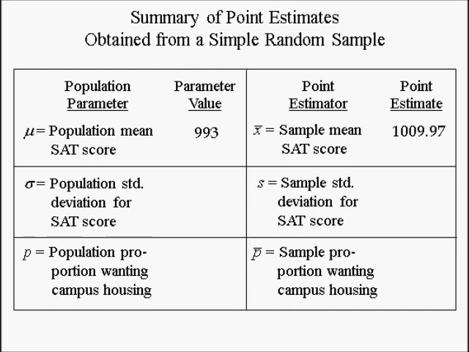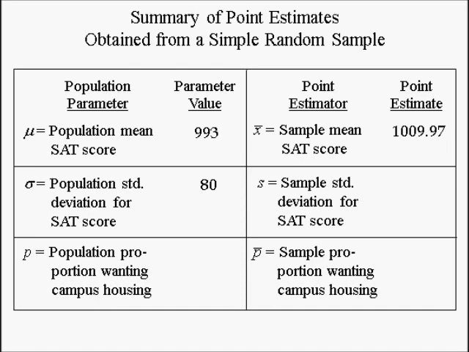Because we can theoretically sample the population infinitely many times, the resulting sample means will hover near the population mean of 993. Sometimes the sample means will be below 993, and sometimes they'll be above it. The population standard deviation is 80. The sample standard deviation is a point estimator for the population standard deviation.